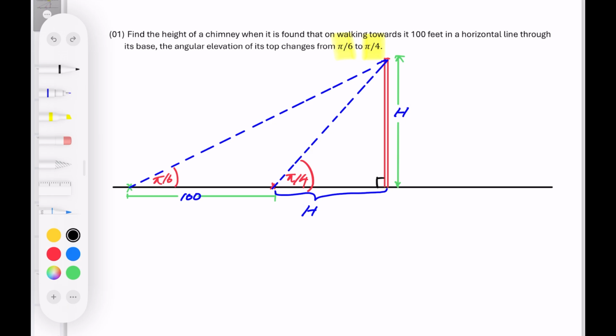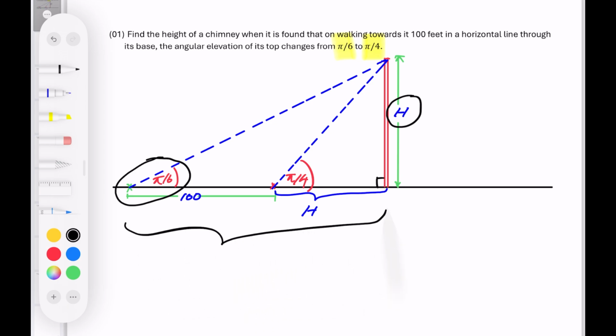Alright, now I need to find h. In order to find h, I will look at this larger right triangle. When I look at that larger right triangle, with respect to the angle right here, angle pi over 6, h is the opposite and all of this distance is the adjacent. Using those two lengths, I can write down an equation for tangent pi over 6. And we already know the value of tangent pi over 6.